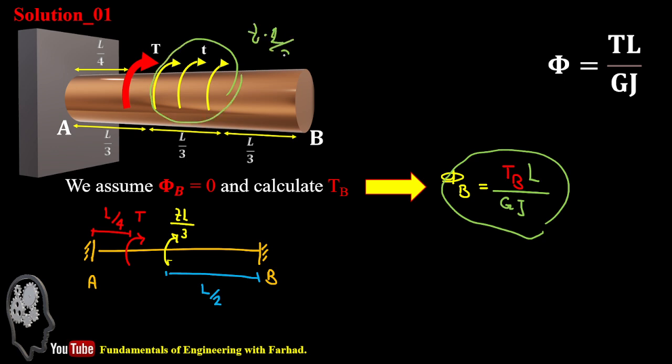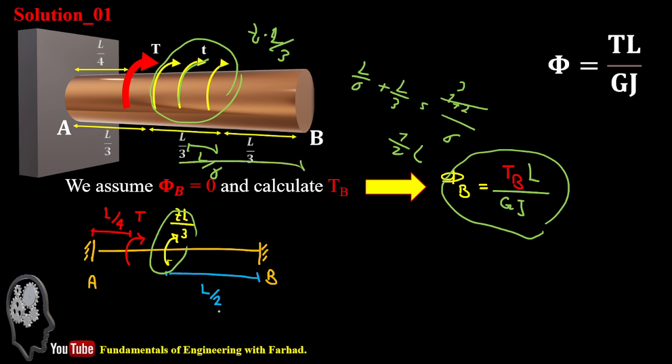So in such a sense, if we convert this one to T times L over 3, and the distance is at the center, so that's L over 6. L over 6 plus L over 3, that's 1 plus 2 over 6, a half of L. That's the distance over here. So now we convert this uniformly distributed torsional torque to one single torque, and we had another one.